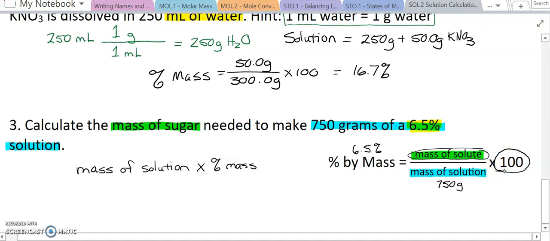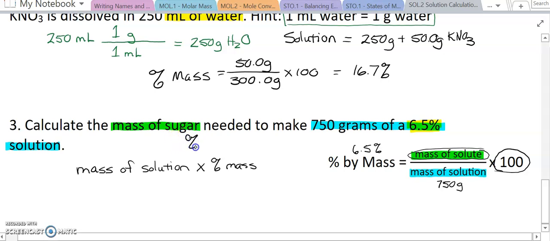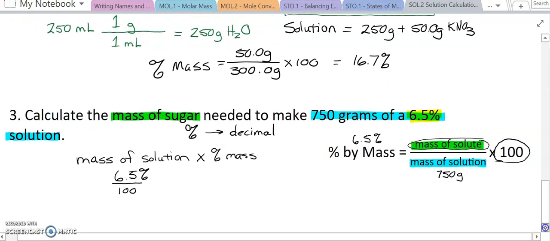The important part to consider with this is, how are you doing your percent? Mathematically, I know there were worksheets you did in probably elementary school and middle school where you took percents and turned them into decimals by dividing by 100. And that's exactly what you need to do with this equation. So while I have a 6.5%, I need to divide that by 100 to turn it into a decimal.